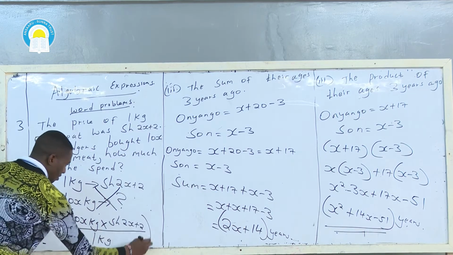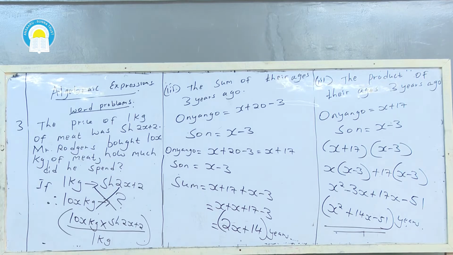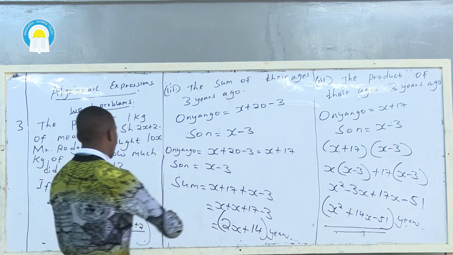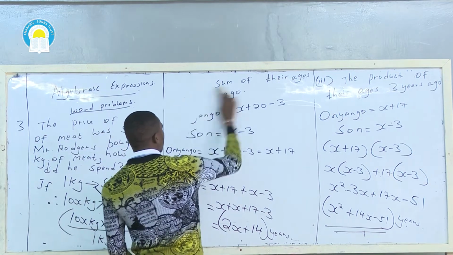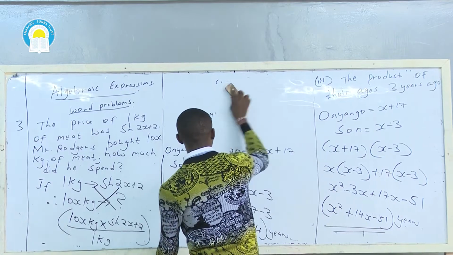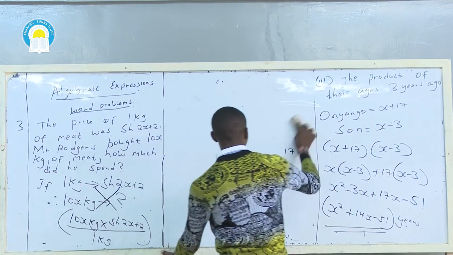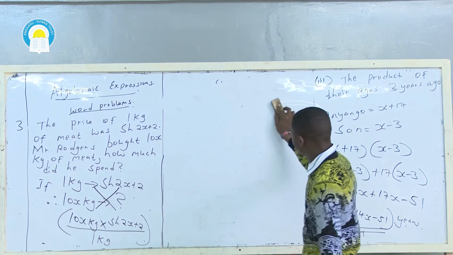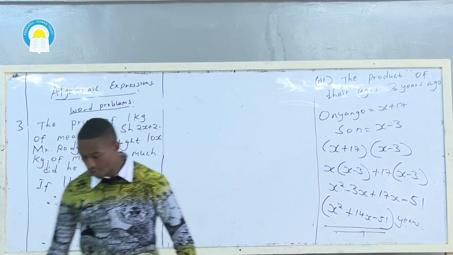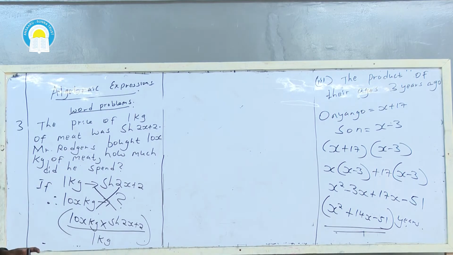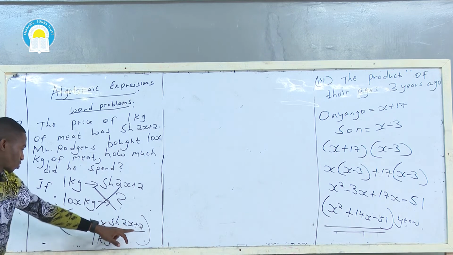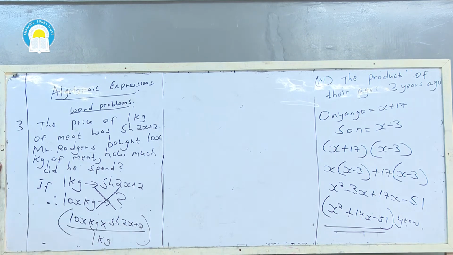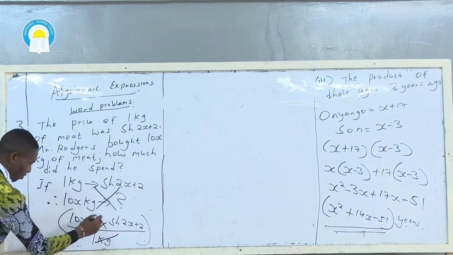You write it like that, then you put bracket. So 10x kg times 2x plus 2 shillings over 1 kg. You'll come here, you say, the kg will cancel kg.